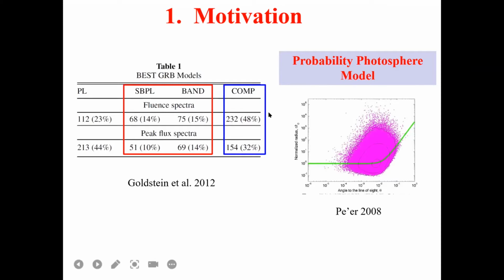With these observations, whether we can use the probability photosphere model to explain them is a very interesting question. This model was proposed by Asaf in 2008, and in my recent work, I try to explain these two types of gamma ray bursts with this model.